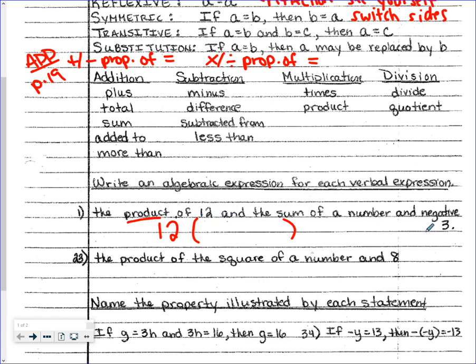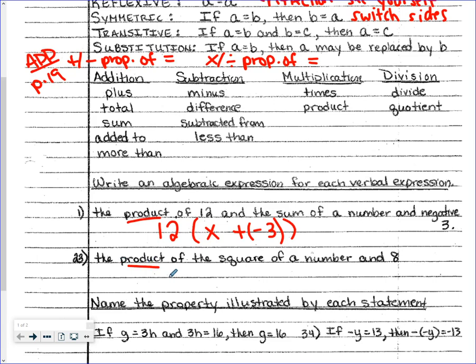So the word and here is not indicating to add. Okay. Some number, I'm going to call it x, and -3. So actually the way that they said it is product, so two things being multiplied together, 12, the sum, that's this guy, some number, a number x, y, z, whatever you want, and -3. So sum means a plus sign, so I had to put a plus sign there, even though I don't like a plus and a minus right next to each other. That's technically what they wanted, okay?